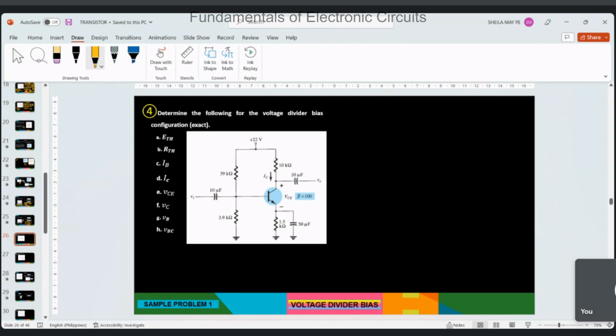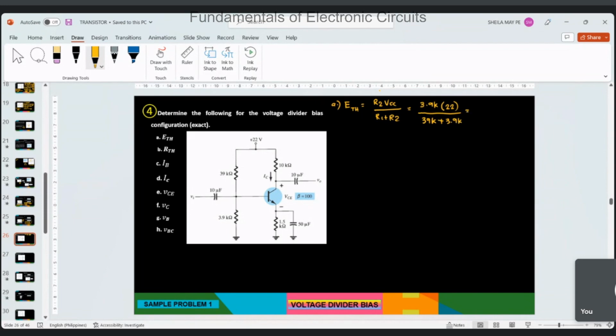We have the formula of our ETH, that's the voltage divider formula. So that's R2 VCC divided by R1 plus R2. We have our R2 here, or our R lower, so that's 3.9K times VCC of 22 divided by R1 at 39K plus 3.9K.